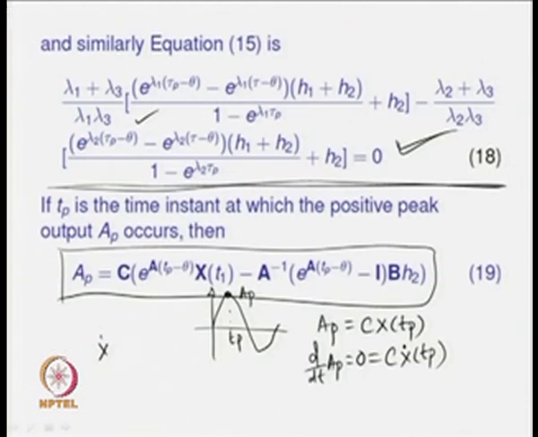Ap is C times e to the power A (Tp minus theta) times x(t1), minus A inverse e to the power A (Tp minus theta) minus I, times B h2.